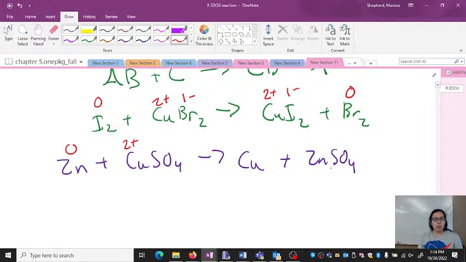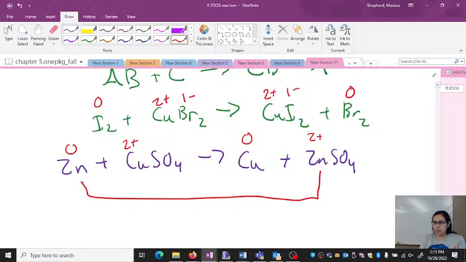You could have scenarios where these change oxidation states, but I'm not examining them right now since I can tell they're the same. And then what would copper be on the product side? So 0, and then zinc, so 2+. And so there again you can see this time our zinc lost electrons and our copper gained electrons.